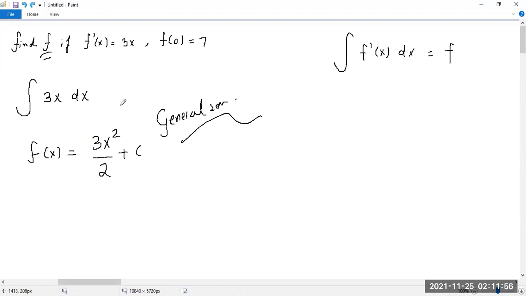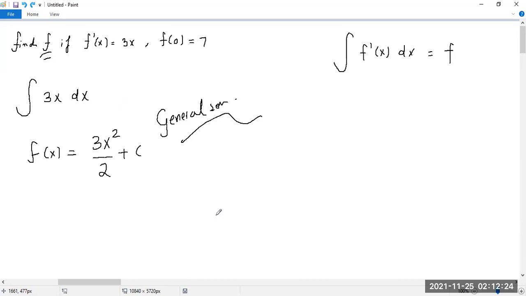So how do we do that? That's essentially the question, because this function that we're talking about represents many functions. If the question was asking for a general solution, then we could say that this is the answer.